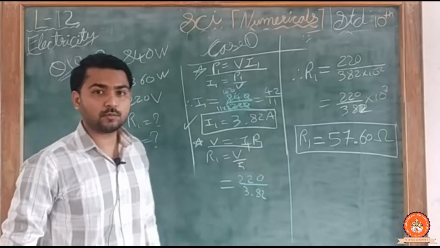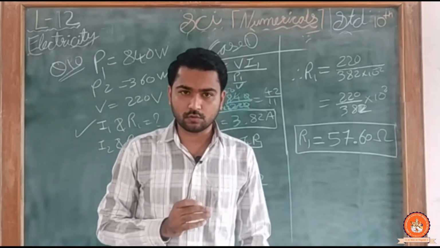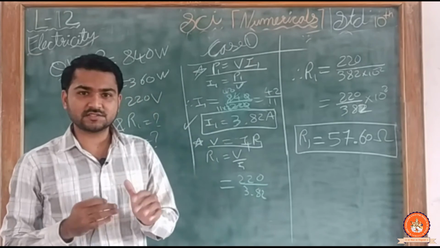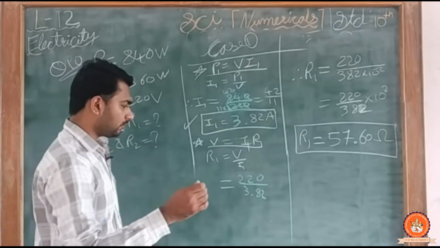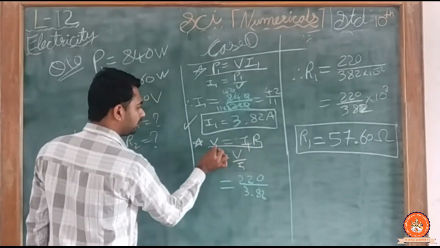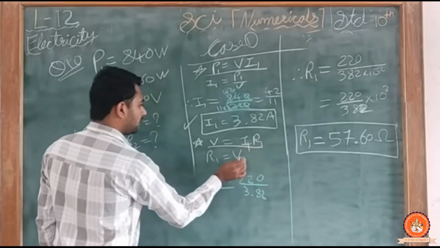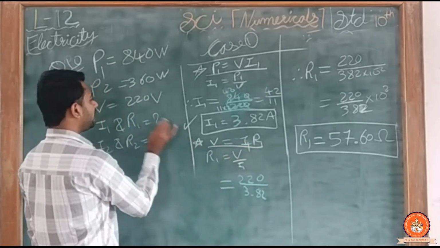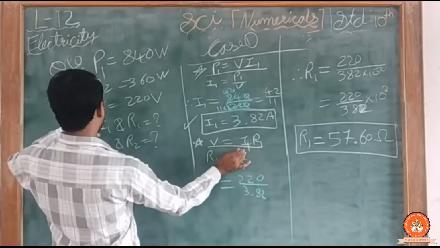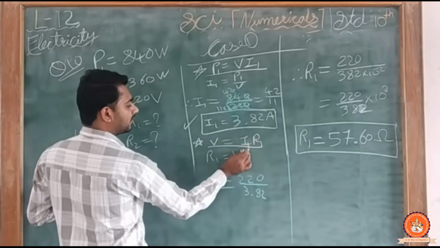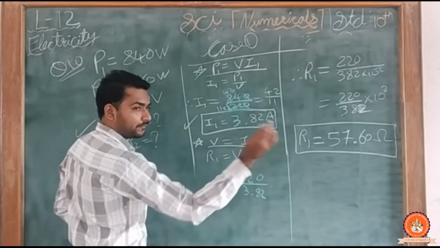Now second thing, they ask to find resistance. We have the formula according to our Ohm's law. You have to write like this in your fair book. According to Ohm's law, V is equal to IR. So V is constant, 220. We have the current I is equal to 3.82 ampere, that is I1, and we have to find R1.